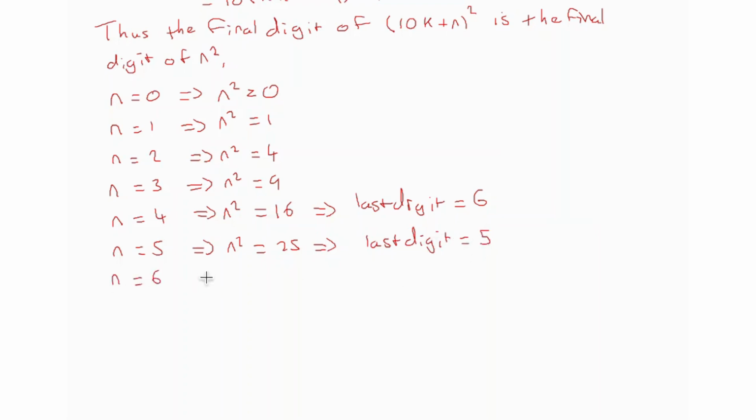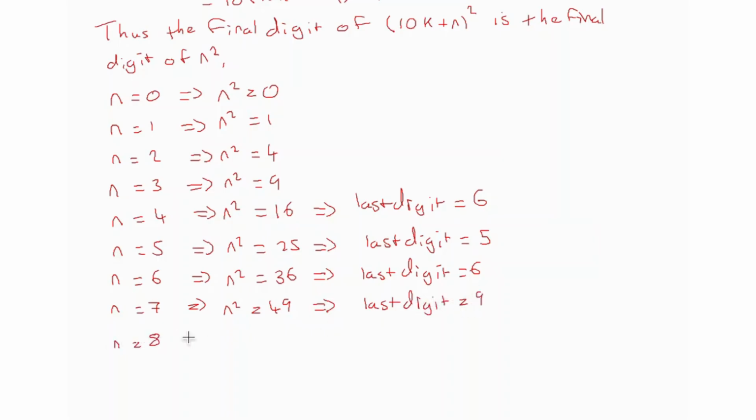When n is equal to 6, n squared is equal to 36, which means the last digit is 6. When n is equal to 7, n squared is equal to 49, and the last digit is 9.